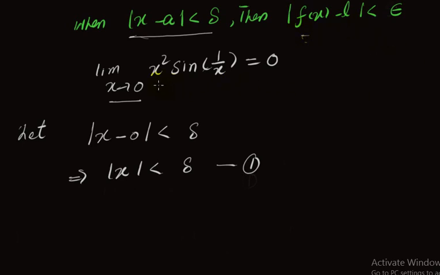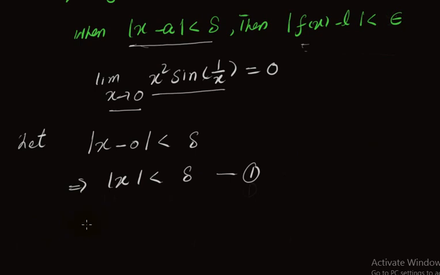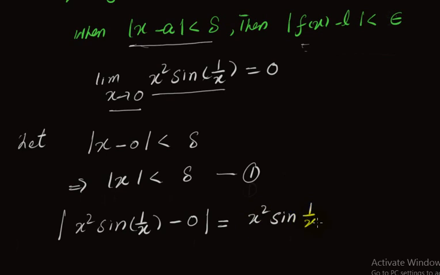For f of x we have the function x square sine 1 upon x, and for L we have the value 0, which implies f of x minus L means mod of x square sine 1 upon x minus 0. Now this is equal to mod of x square sine 1 by x.